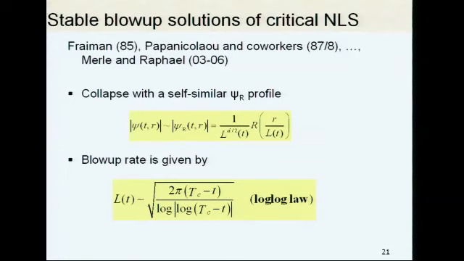So it's again the R profile modulated by this function L of t, but L of t is not linear. Rather, it goes to 0 at a square root rate with a log-log correction. So this became known as the log-log law. And the rigorous justification for this came a few years ago in a series of studies by Merle and Raphael.